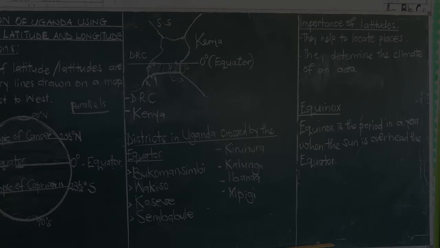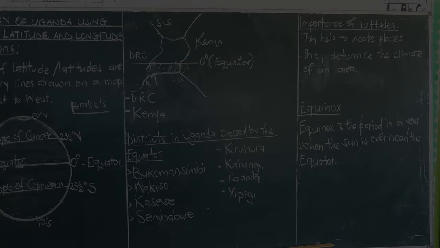Now, this one is also the beginning line for measuring other lines of longitude, not again latitude. So we shall find that apart from this one, we also have other lines of longitude drawn. We shall have other lines like this, like this.